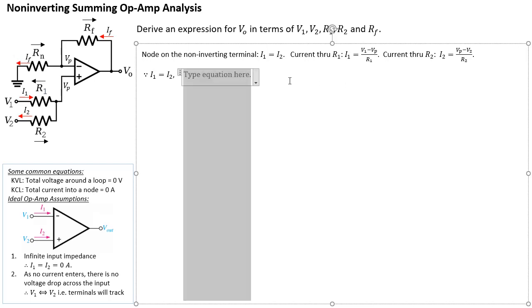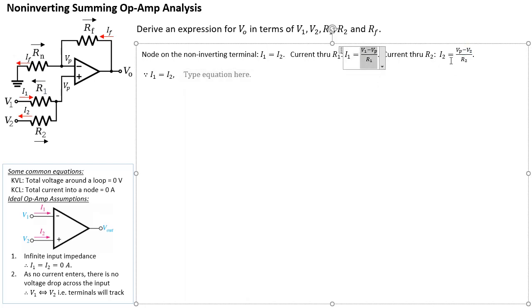This part here is equal to that part there. Now let's change this so that we have it in the form of VP equals something, which we can then compare with the equation at the upper node. Let me bring that down.